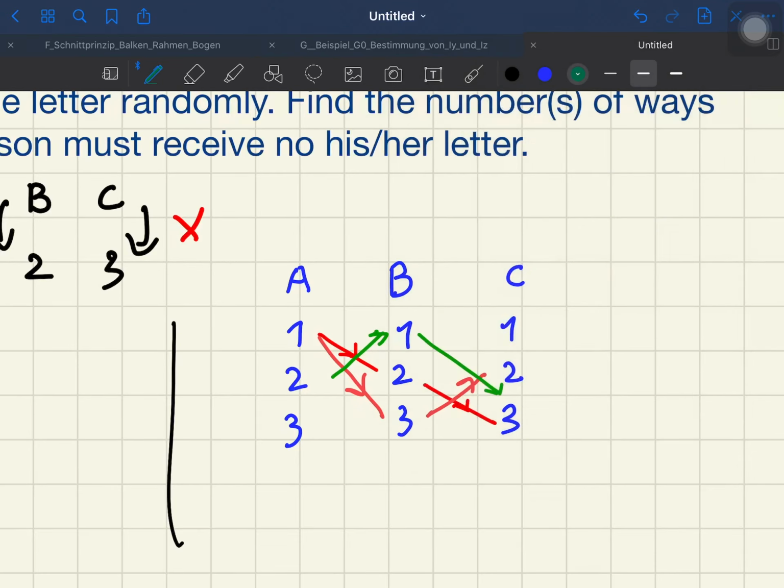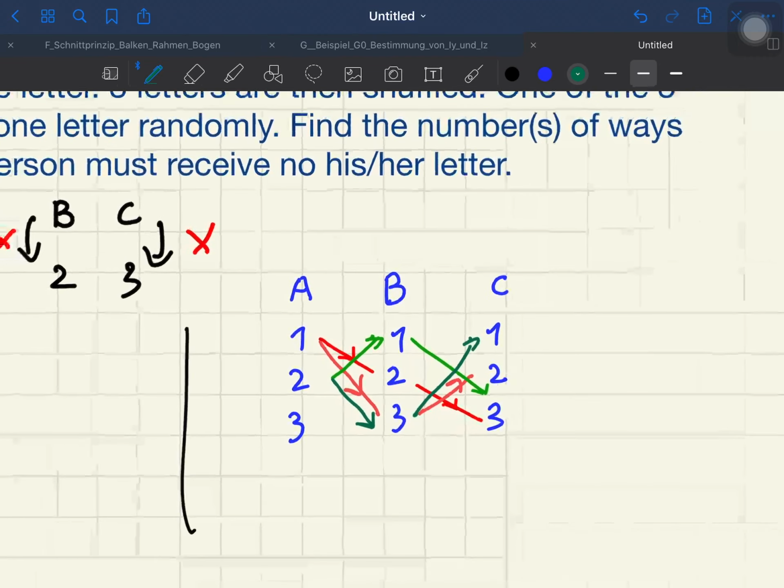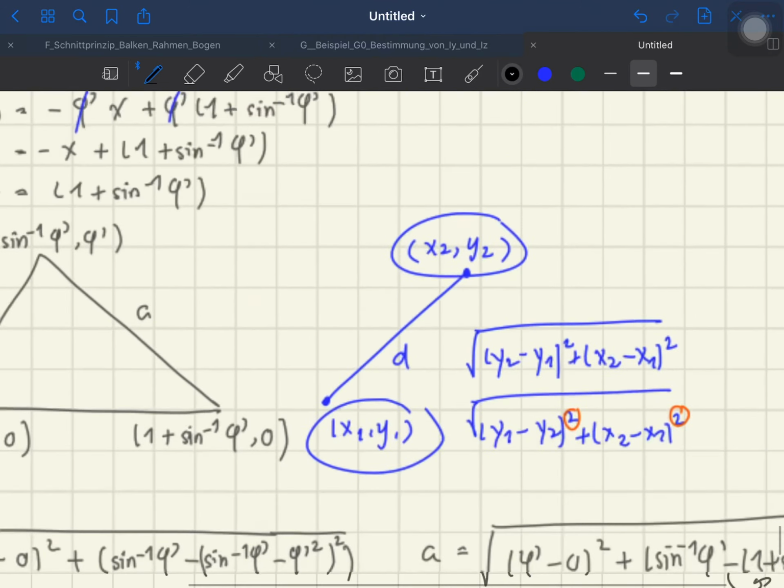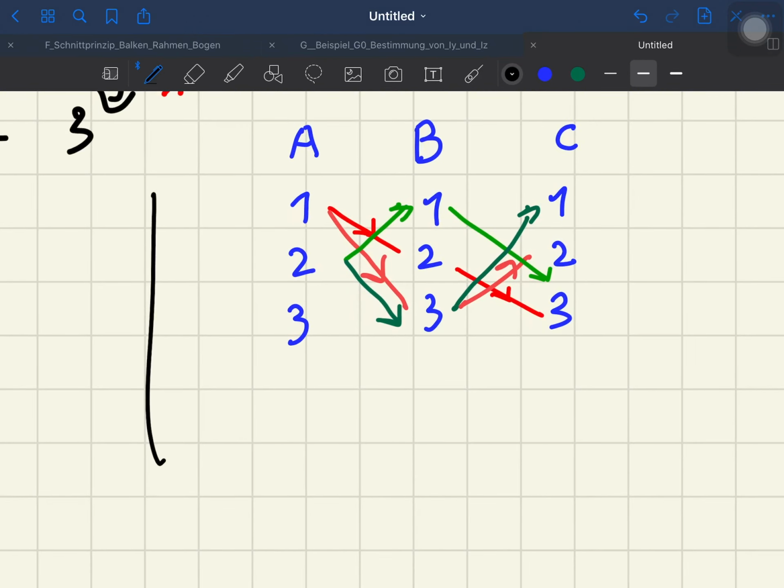And then person A still chooses number 2, but this time person B chooses number 3, and person C chooses number 1. In the same manner, for each case, the red case has 2, the blue case has 2, and the last case, let's say yellow, has also 2 cases.